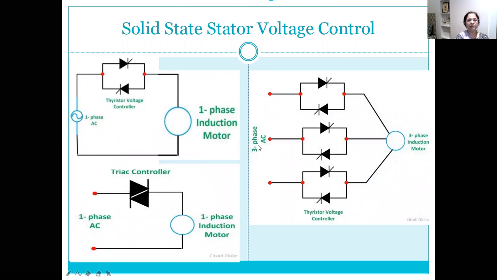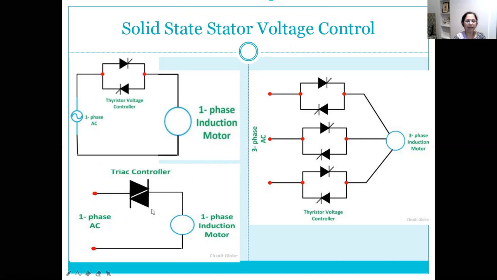Now, to achieve this stator voltage control using solid state devices, there are various schemes which we have already studied in power electronics. We are aware that for single phase induction motors, variable AC supply can be generated by using thyristor voltage controller. We call it simple AC regulators.